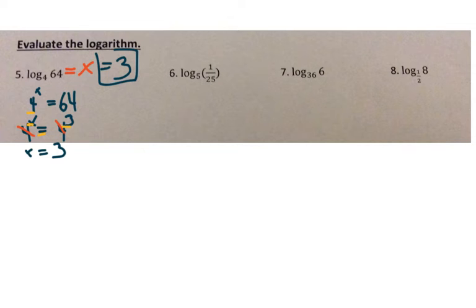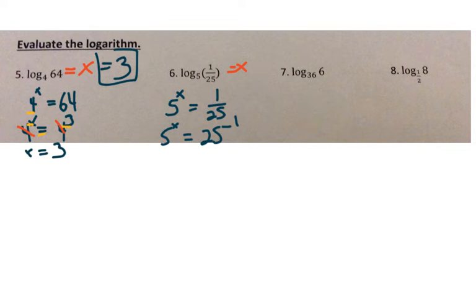Alright, number 6: set it equal to x, and then write it in exponential form. So this is 5 to the x equals 1 over 25. Well, 25 is in the denominator, and to get that 25 out of the denominator, it has to be a negative exponent. This is 25 to the negative 1.